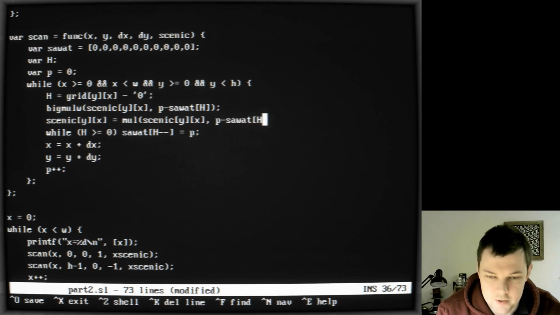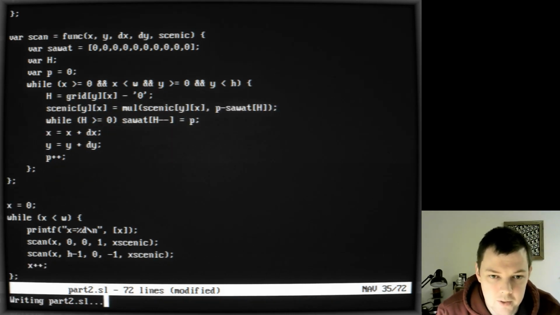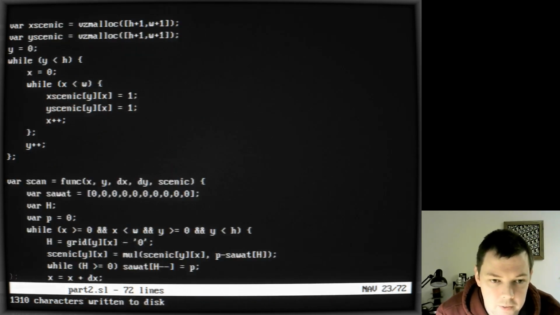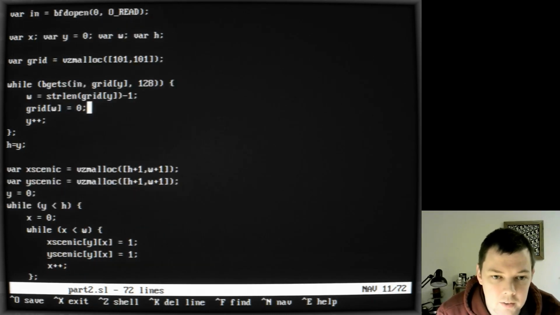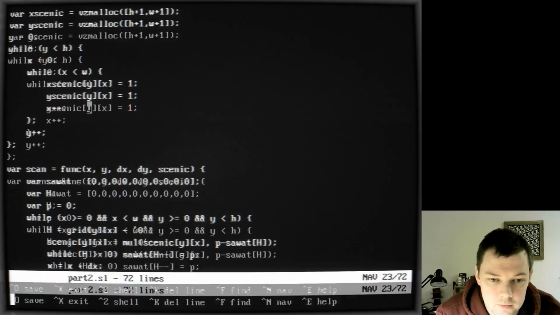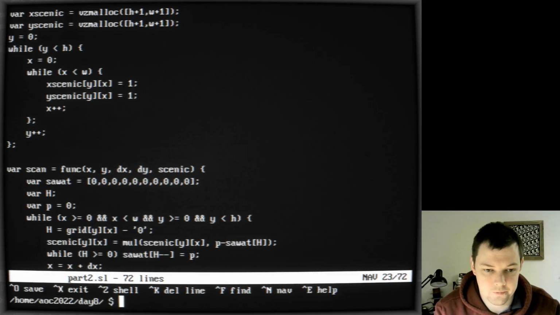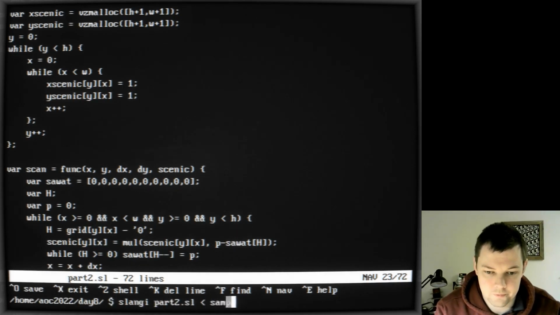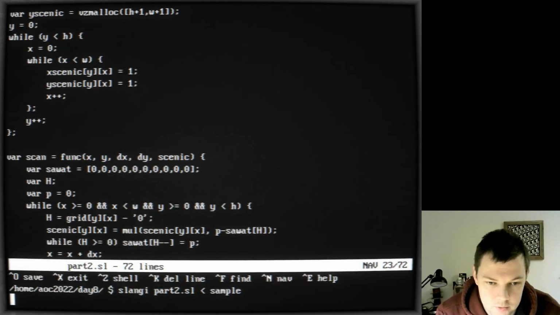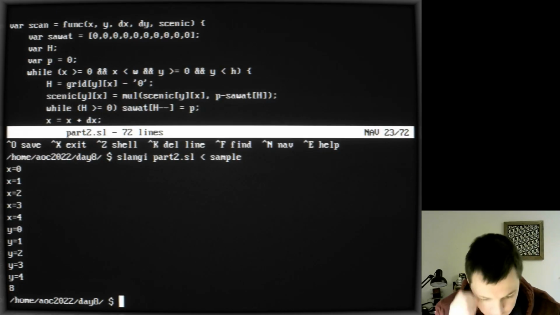It's actually faster than doing the whole thing with big int multiplication as well. That's a good trick. I wonder if I'll be able to use that again. Let's try that then. Great.